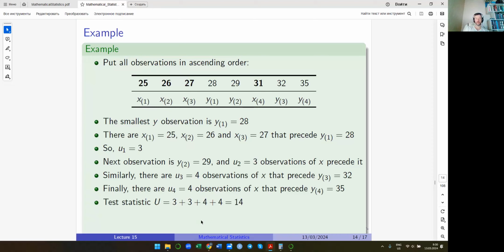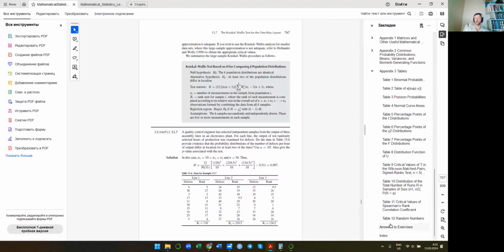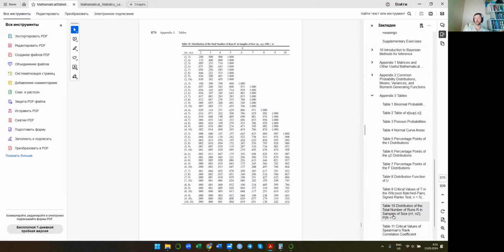For the U statistic, it is possible to find also the critical values. For instance, in the book of Wackerly that you use on your exercise sessions, there is a table.